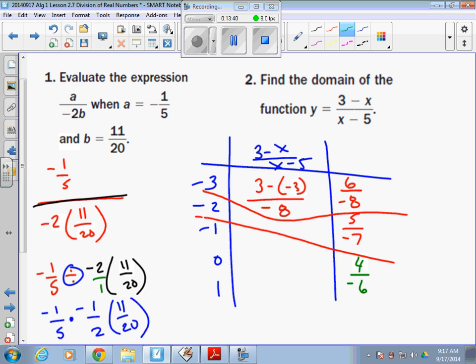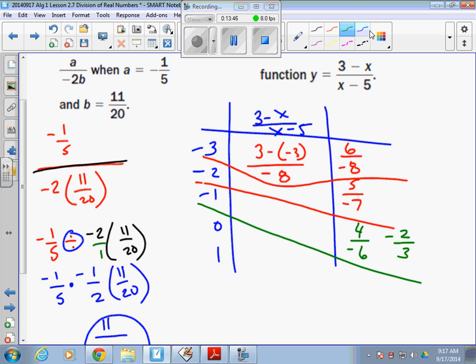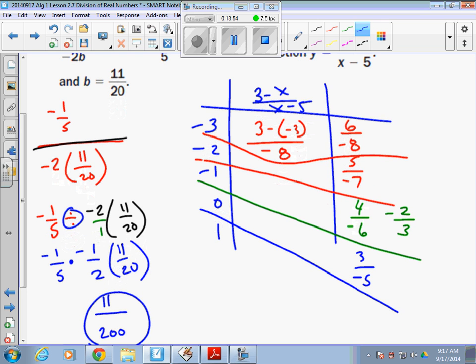Negative 4 over 6 is the same thing as negative 2/3. When you plug in 0, 3 minus 0 is going to be 3. 0 minus 5 is negative 5. And then when you plug in 1, 3 minus 1 is going to be 2. And 1 minus 5 is going to be negative 4. Again, 2 goes into that one, negative 1 over 2.